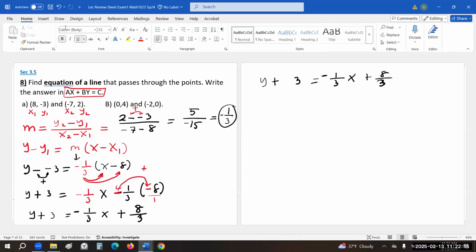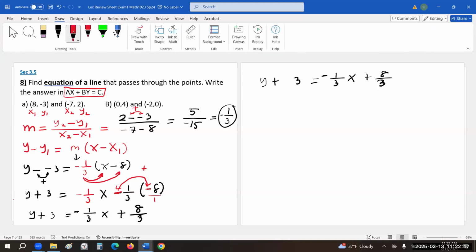How can you get rid of the 3 from the bottom? Multiply each term by 3. So top 3, bottom 3 cancel out. Top 3, bottom 3 cancel out. No more fraction. Now we are happy.